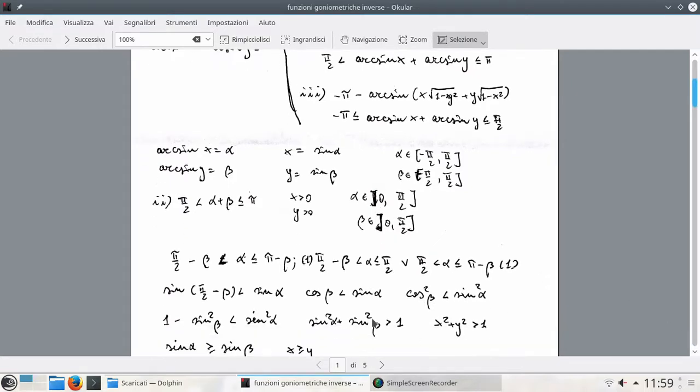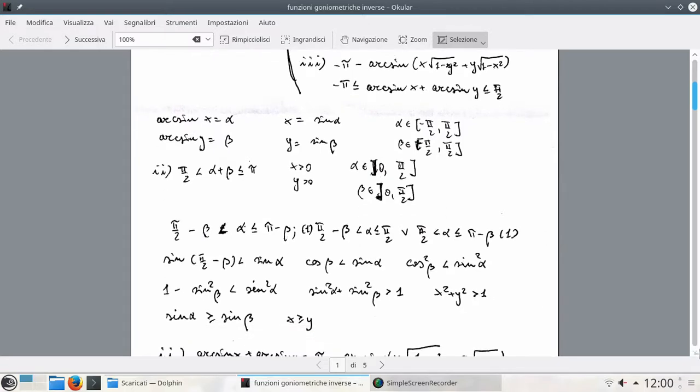So by the first relation of goniometry, or trigonometry, we have 1 minus sine squared beta less than sine squared alpha, then sine squared alpha plus sine squared beta greater than 1, so it becomes x squared plus y squared greater than 1.